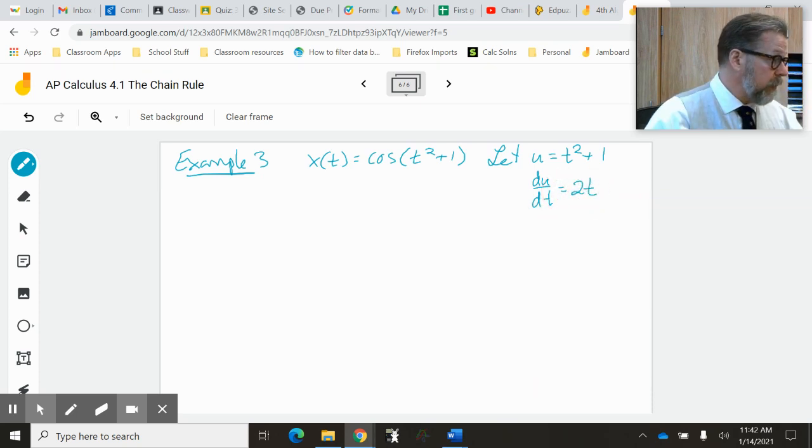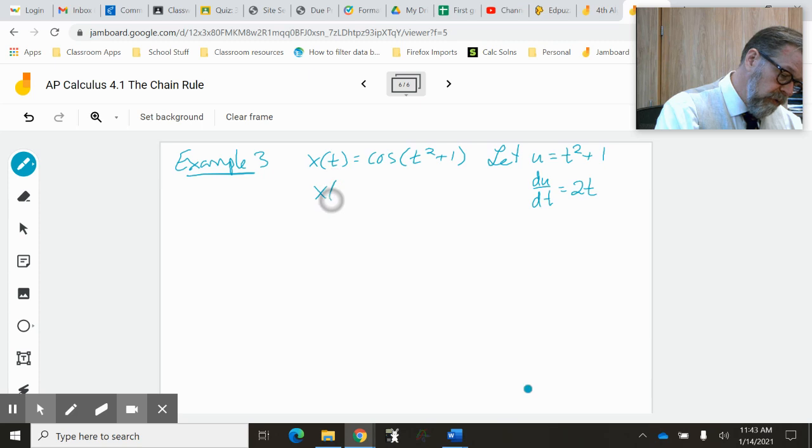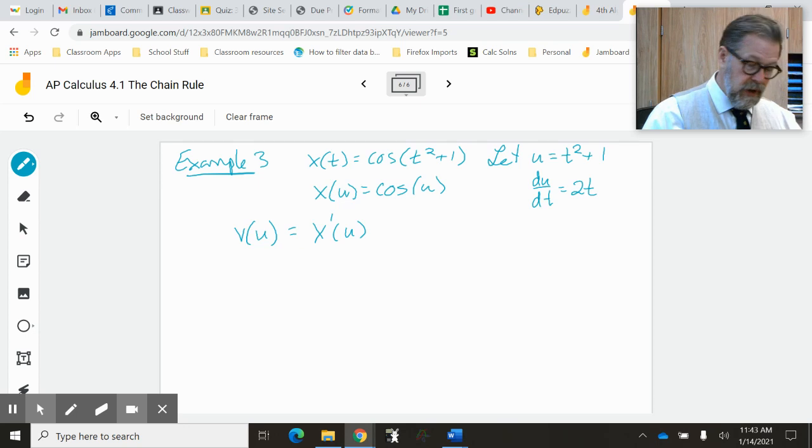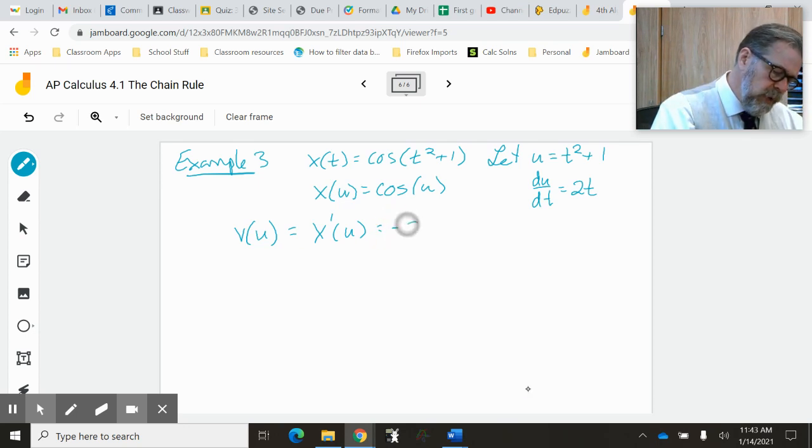And then we know that x of u is equal to cosine of u, and x prime of u, which of course is the velocity of this particle, is equal to negative sine of u.